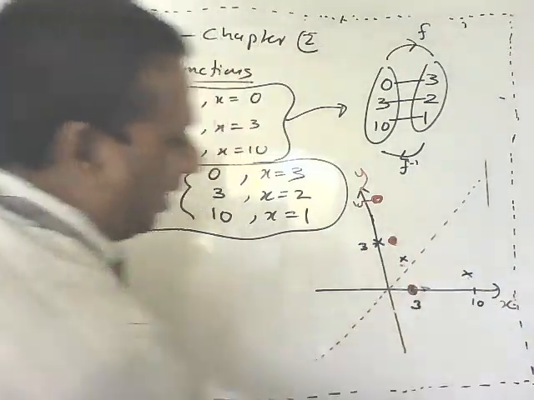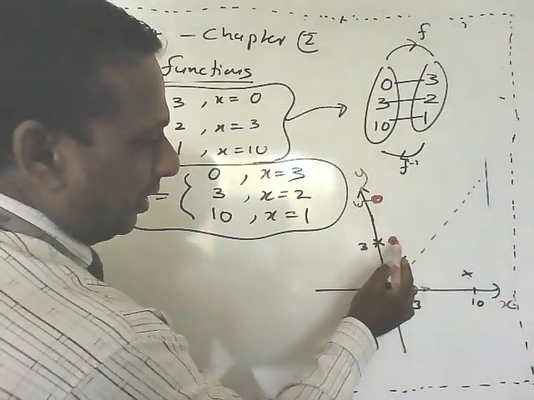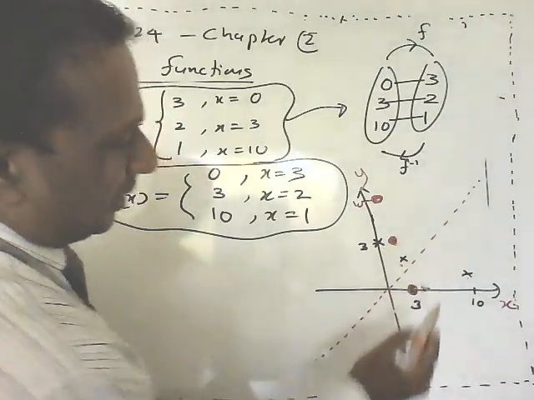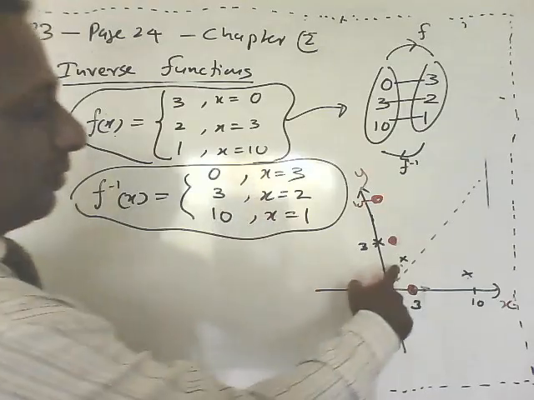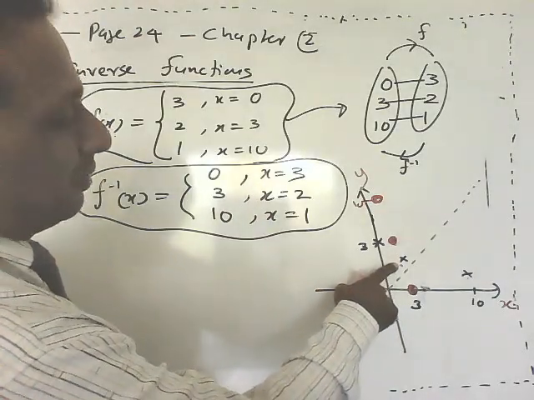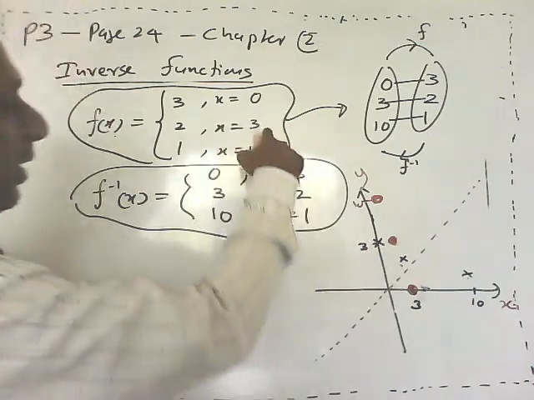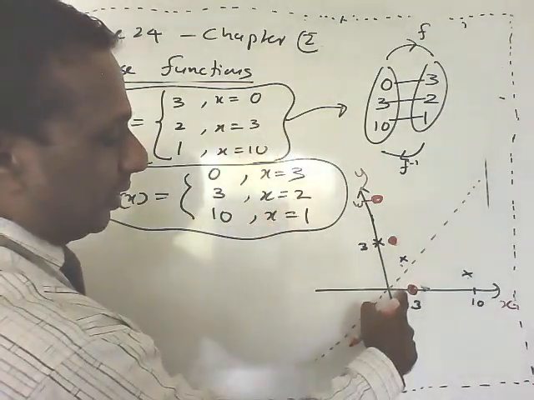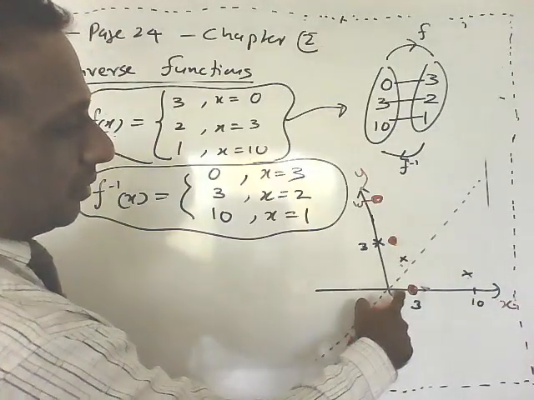I think I have made a mistake with the cross. When it is 3, x is 2, that is right. And when it is 2, x is 3. So we have a little trouble.